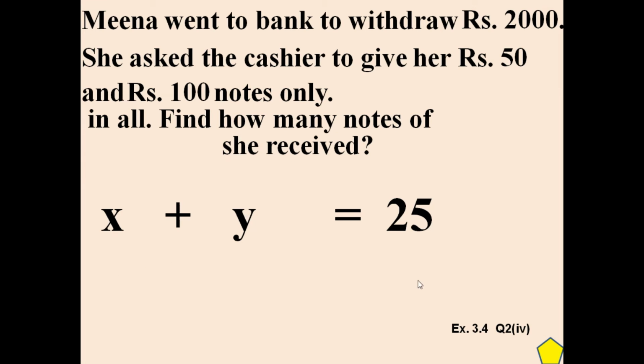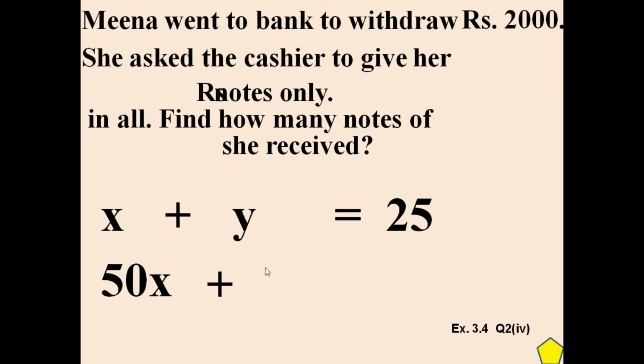Now the second equation will be about the cost. If we have x notes of rupees 50, the cost of 50 rupee notes will become 50x, plus, if we have y number of notes of rupees 100, the cost for 100 rupee notes will become 100y.